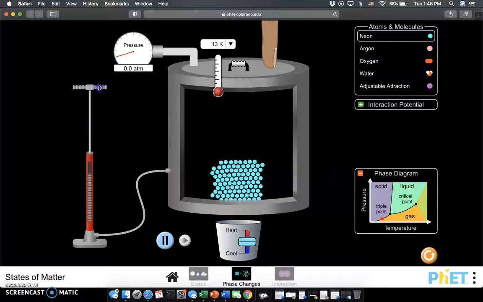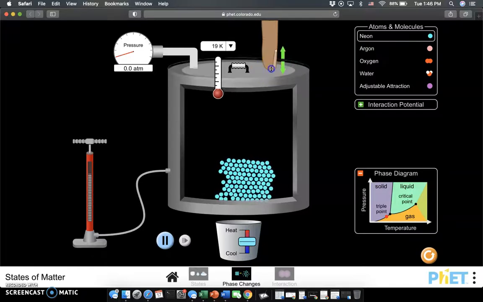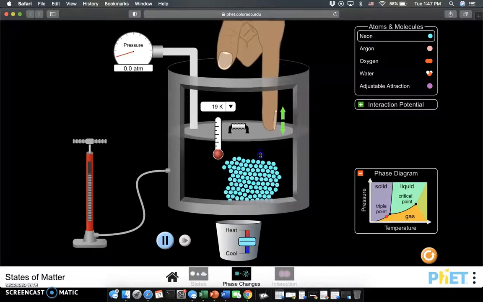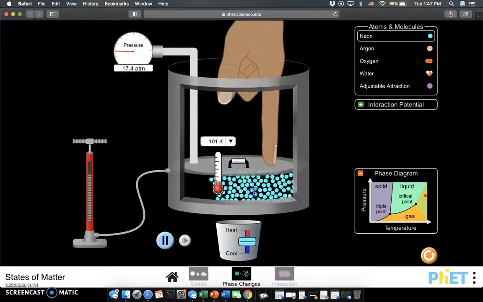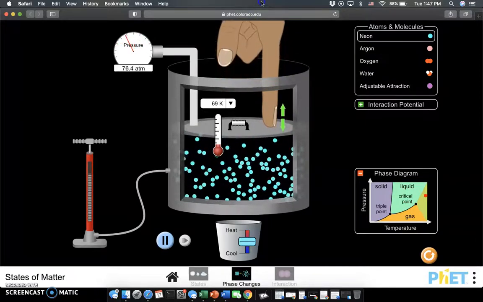You can pump more atoms in. You can increase or decrease the pressure. So we've got this container and we can increase the pressure. And you're just wanting to kind of see what happens when you do these different things.